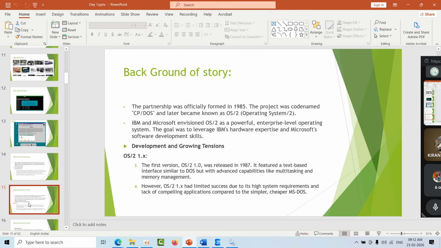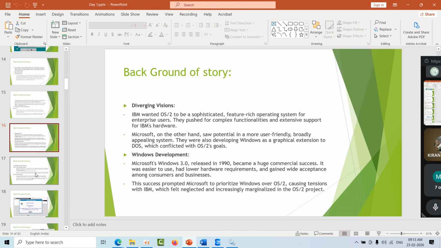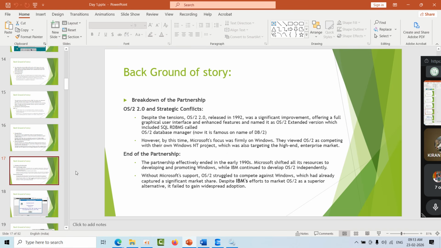But IBM doesn't stand that way. They want to make only the enterprise versions. So like that they got disputes. When strategic interests collided, the partnership will obviously end.